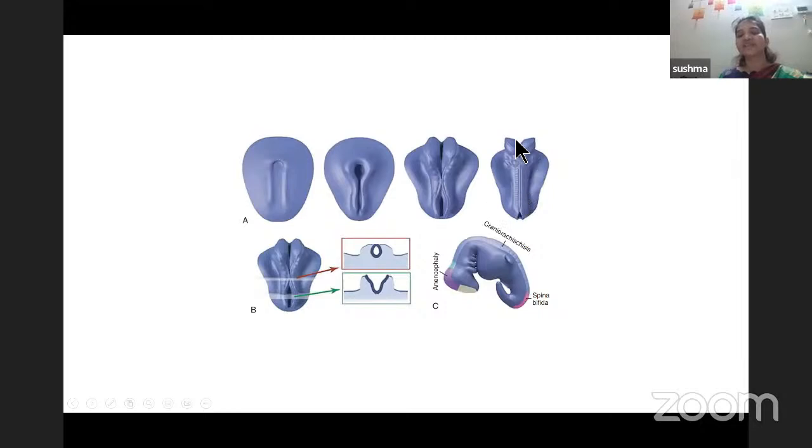So cranially, this is the anterior neuropore. Here, if it doesn't close cranially, we get anencephaly. And here, the caudal part, if it doesn't close, it is spina bifida. The whole thing, if it doesn't close, this is a very severe form of the spectrum that is called craniorachischisis.